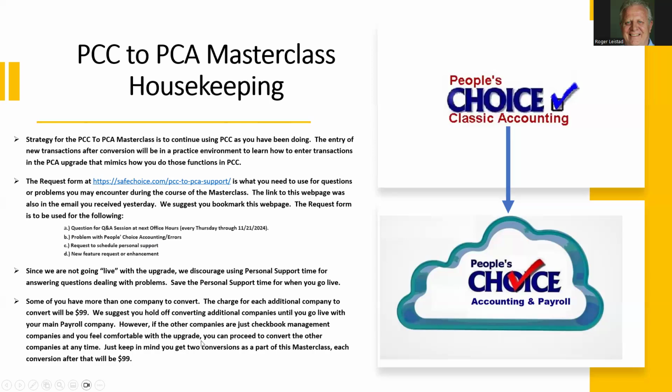How you use those two conversions is up to you, but any conversion over two will be $99 per company. I wouldn't recommend doing that until you feel comfortable with everything throughout the class, because when we do the conversion, you can pick up right where you left off in Classic if you decide to do it before the end of the year.